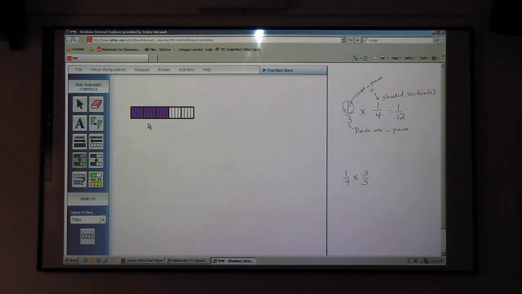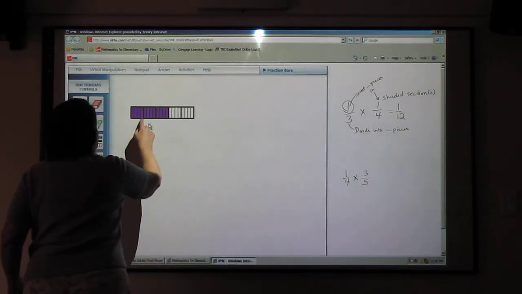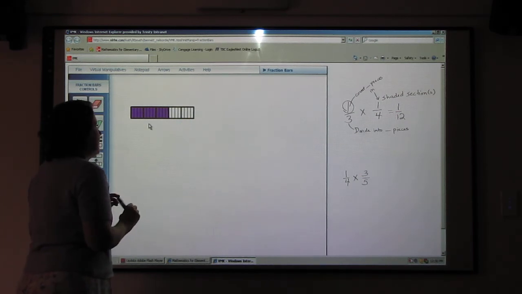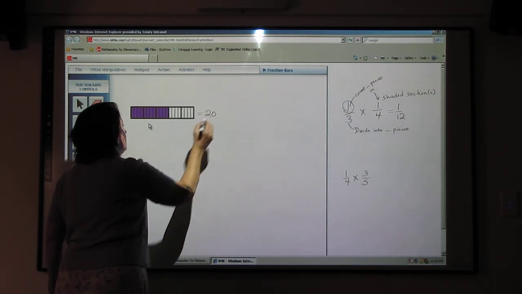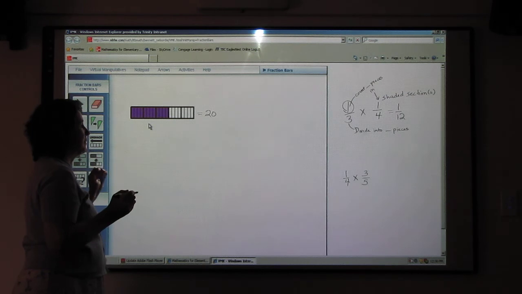I've divided 3 times, which means I have 4 little sections in each of the bigger sections. I've got 4 sections here, 4 here, 4 here, 4 here, 4 here. Altogether, I now have 20 little sections.